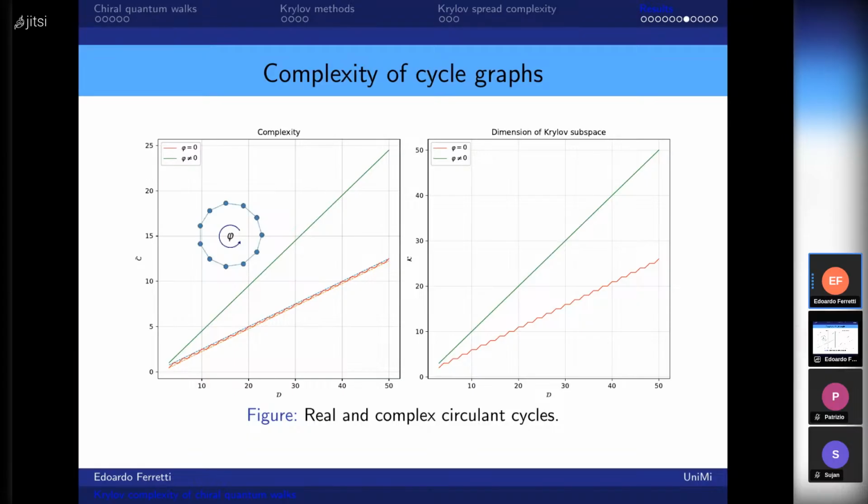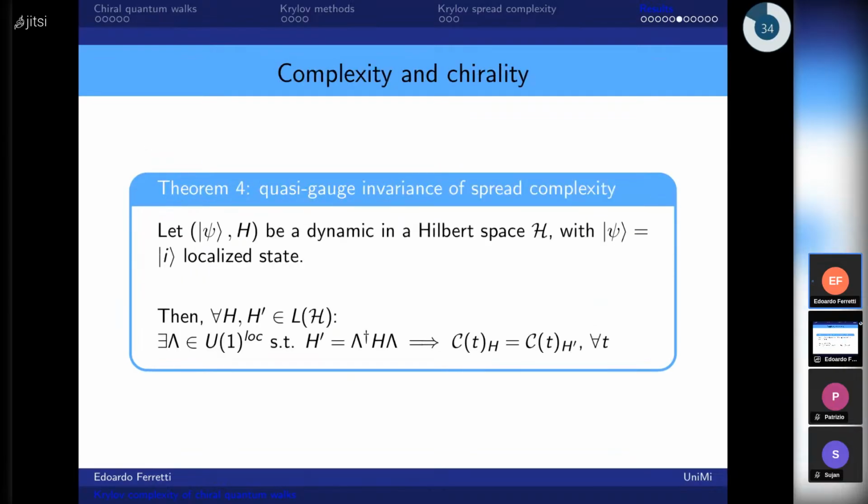I considered this, and for this topology it makes no difference because of this theorem, which can be proved: for a cyclic graph, any phase configuration is quasi-gauge equivalent to the configuration where all the phases are equally spread. The only caveat is that the sum of the phases must be the same.